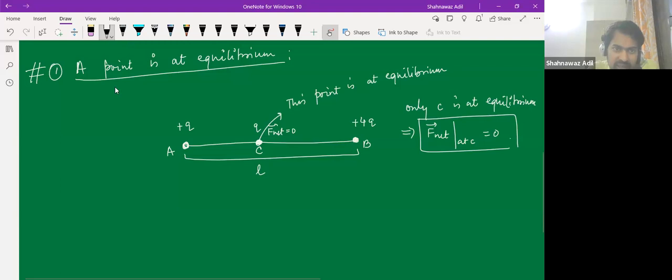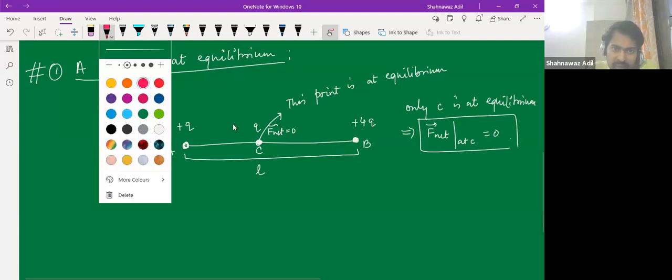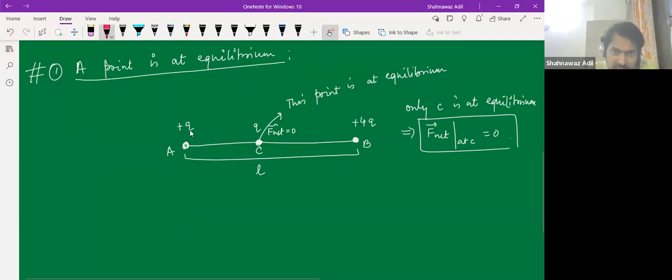So let us find out the force due to charge A. This is positive, this is positive. So at this point, would the force due to this charge be repulsive or attractive?